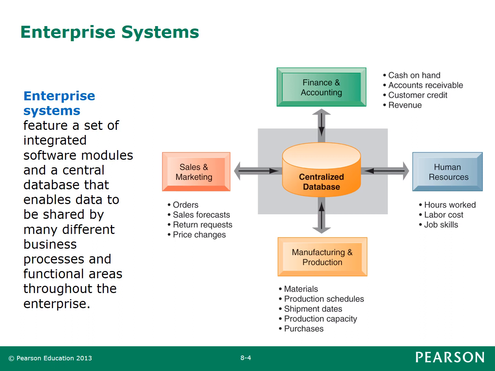This figure represents the main idea of an ERP system. It contains a centralized database, in which all data are stored in one system-wide database, and this database is accessed by different departments. The departments are represented in an ERP system as functional modules.